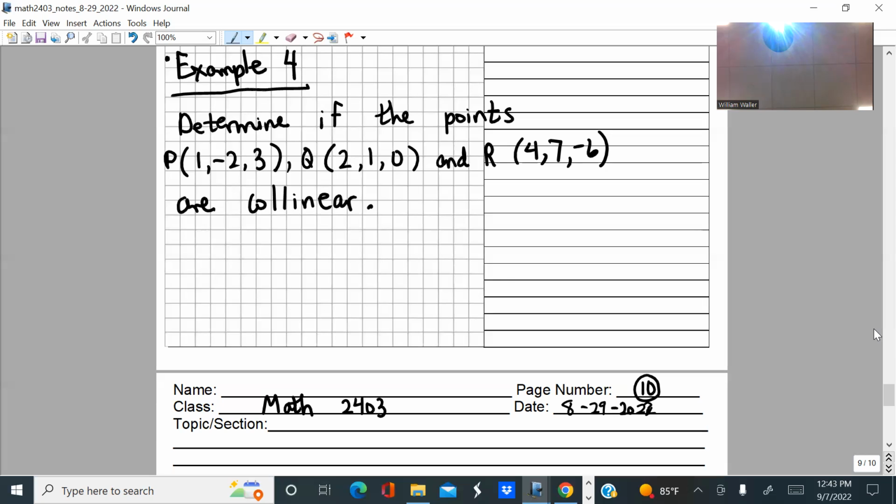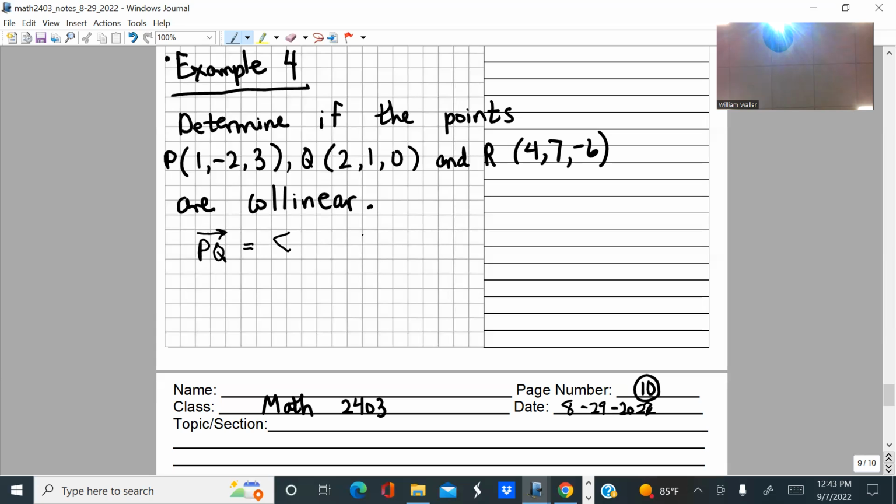Okay, so form a vector there between the points P and Q, right? I think we can denote that this way. So this vector from P to Q, with this as initial point and this as terminal point, right? Okay, and so let's put that in component form.